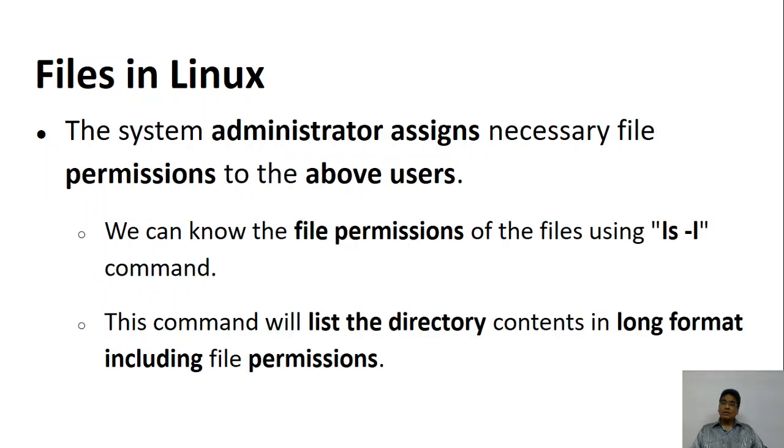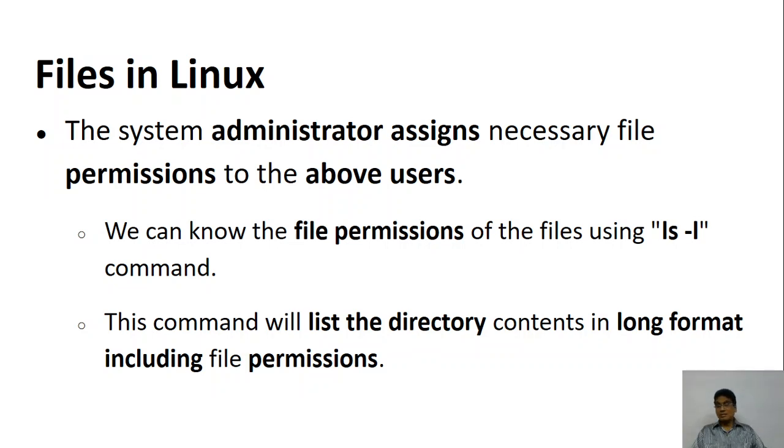You can assign the permission. When the file is created, the administrator can say what type of permission it will inherit by default. Generally these permissions are set by the administrator, but the user has the ability to check what type of permissions they have. If you want to know what permissions the files have, you can use the ls command.